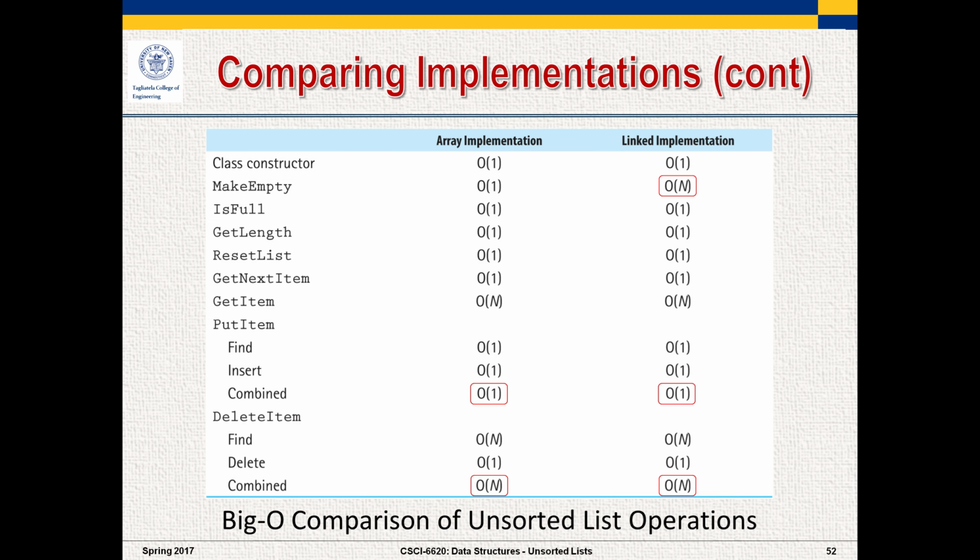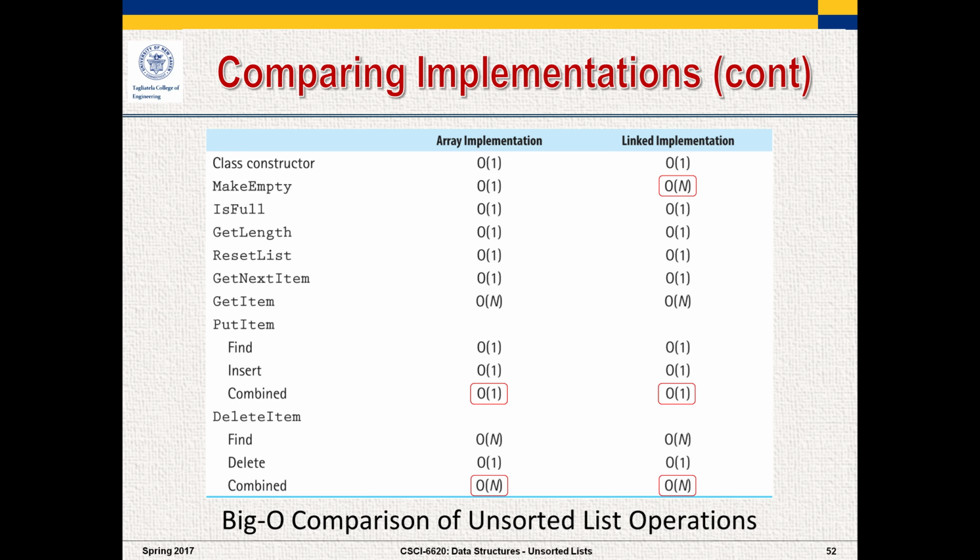The arrays are more fixed in memory, so they're less dynamic. They don't grow or shrink without some finagling. That's not their nature, versus the linked implementation, which can grow and shrink at will.